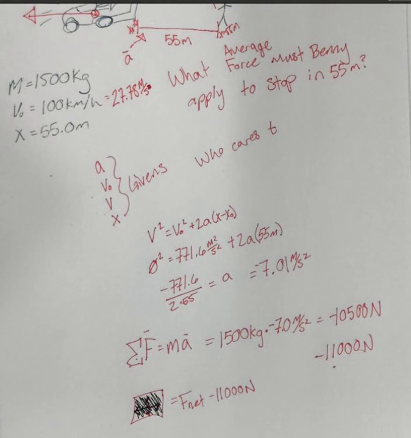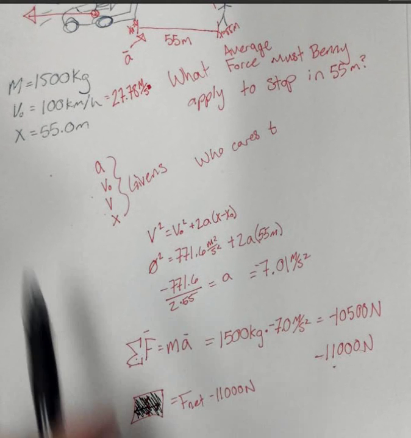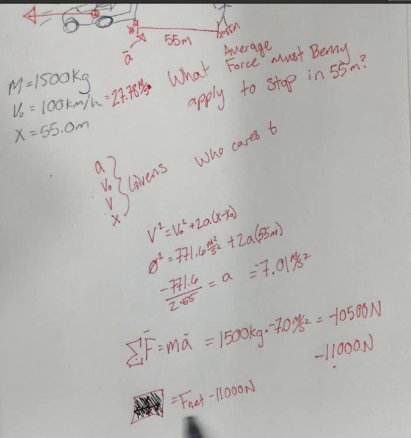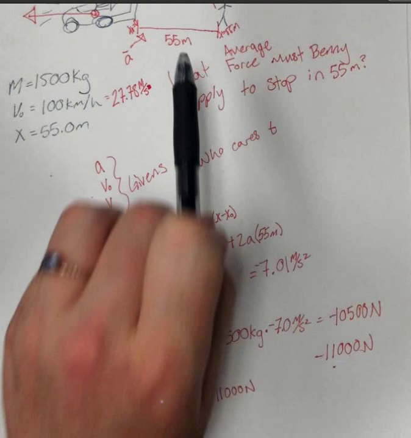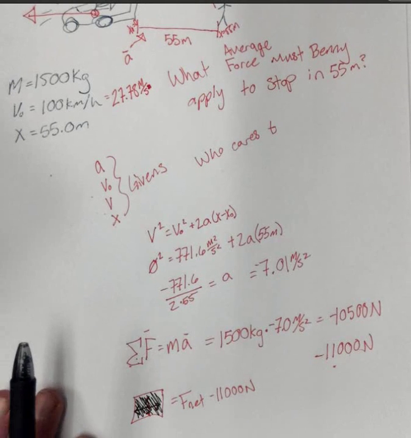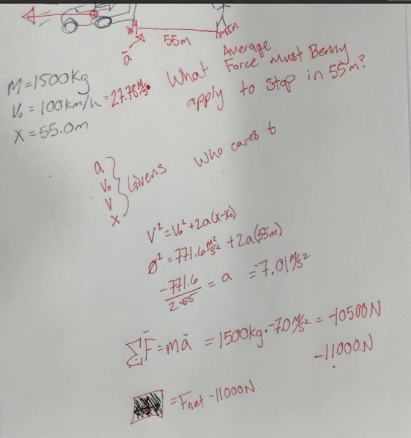But we can't tell you if the force was completely caused by Benny or if it was caused by Benny and friction, and we can't say whether or not Benny had his foot on the gas and the brake at the same time. We don't know any of that. All we know using this method is the net force that causes that acceleration.